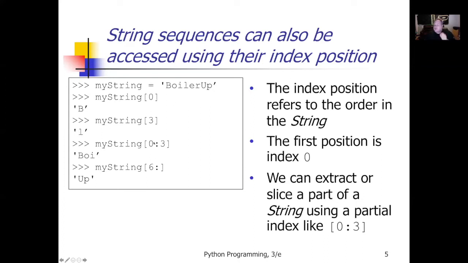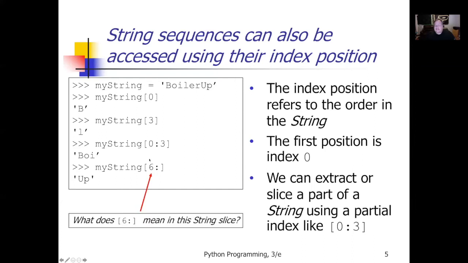And myString, the slice, starting at 0, going up to but not including 3, 0, 1, and 2, is "Boi". myString starting at 6, going to... what does this mean? Well, if you'll recall from slicing strings, when we don't specify a value, it means to the end. So starting at index position 6 and going to the end, this is index position 0, 1, 2, 3, 4, 5, 6, is the capital U. Going to the end, we're going to get "Up".